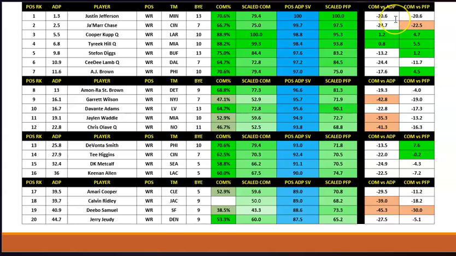He's not a bargain. Ja'Marr Chase, 66% COM. But yet he's seen as number 2. Again, nothing here. Does that mean don't take him? No, but I just don't see any value there. Cooper Kupp's interesting. Can Stafford deliver?